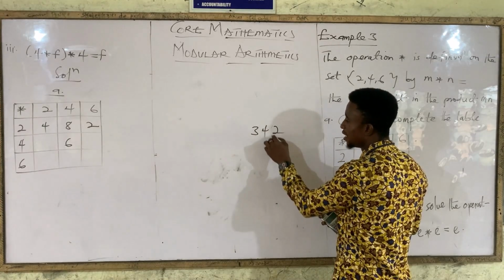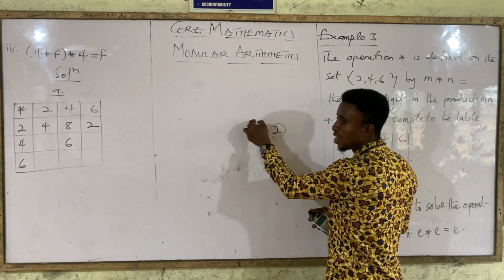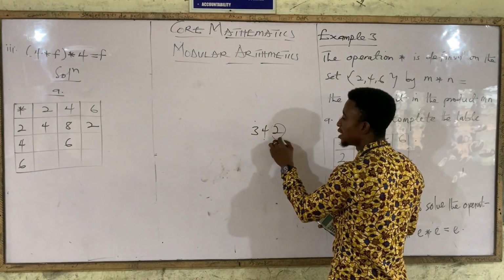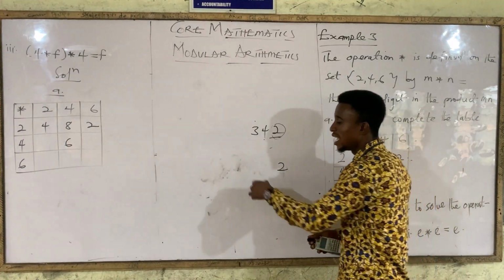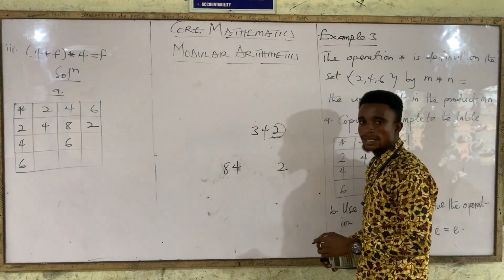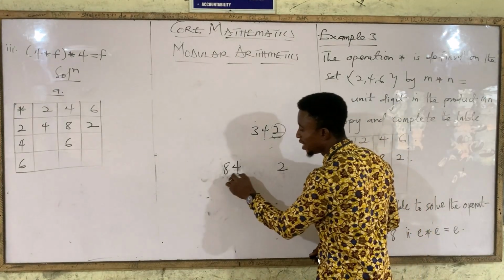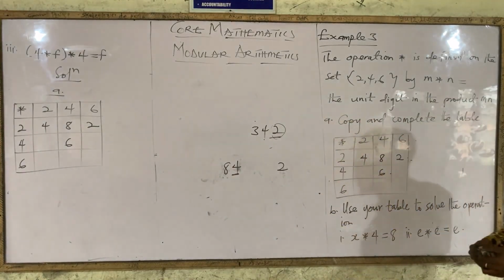This is units or ones, tens, and also what? Hundreds. So this one will be what? The units. Are we getting that? So then I'm going to write 2. If I multiply and I get 84, what do I do? This is the unit part of the 84, so I'm going to write a 4. Please, are we getting that?